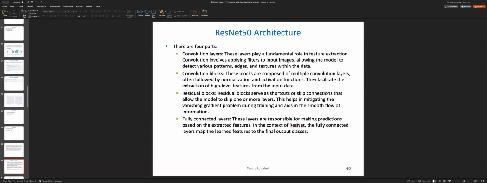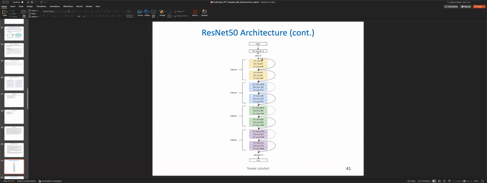This is the architecture of the ResNet50: convolutional layer, convolutional blocks, residual blocks, fully connected layer. This is the visual of the architecture. You can see the residual that we add at the end of the block.